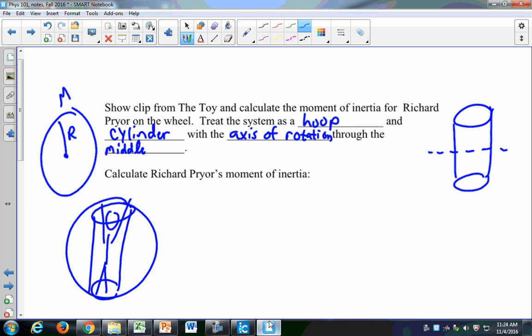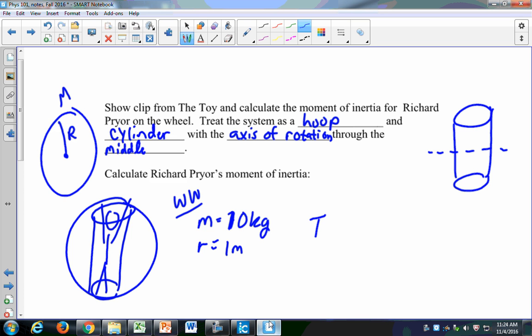So first we have to make some assumptions about the wonder wheel. I said the mass of that thing was about 10 kilograms, about 25 pounds or so. And the radius, I said the radius was 1 meter. Richard Pryor is about 2 meters tall, so the radius is about 1 meter.